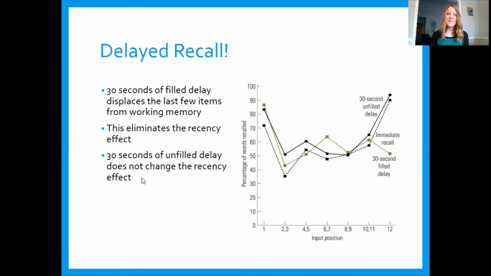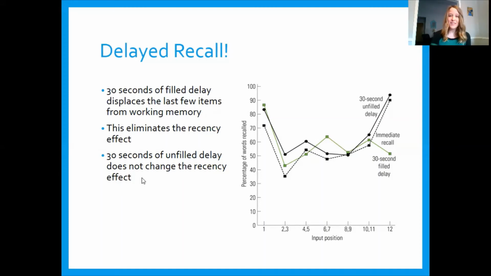So just like we talked about, if you look up the phone number and then you walk across your apartment or your home and you're repeating that phone number over and over again, if someone asks you a question and distracts you, that disrupts short-term memory rehearsal or maintenance, and you forget that phone number.